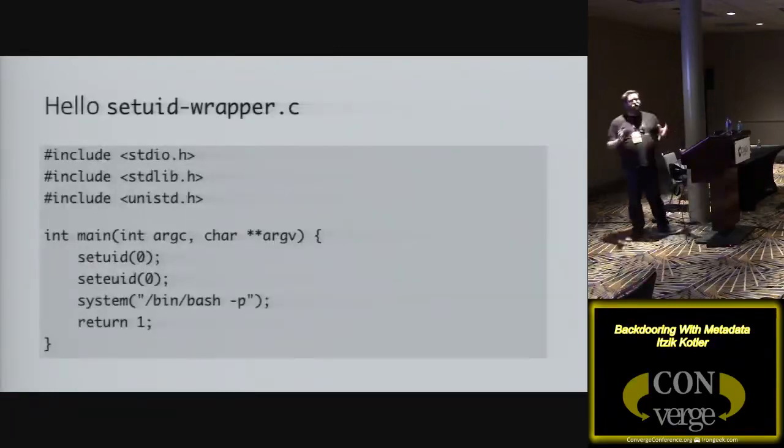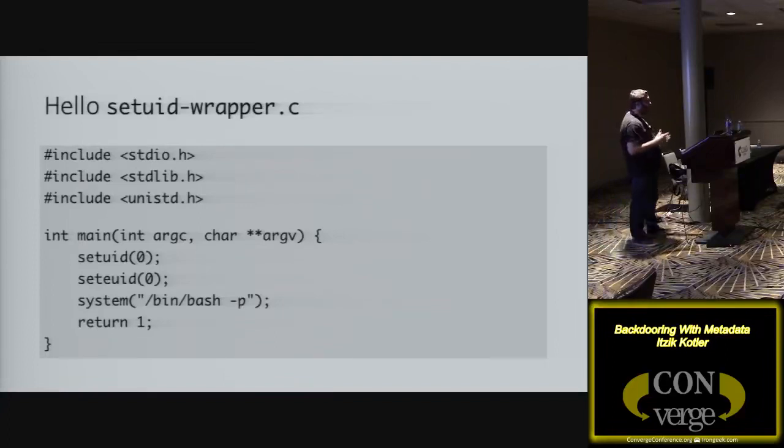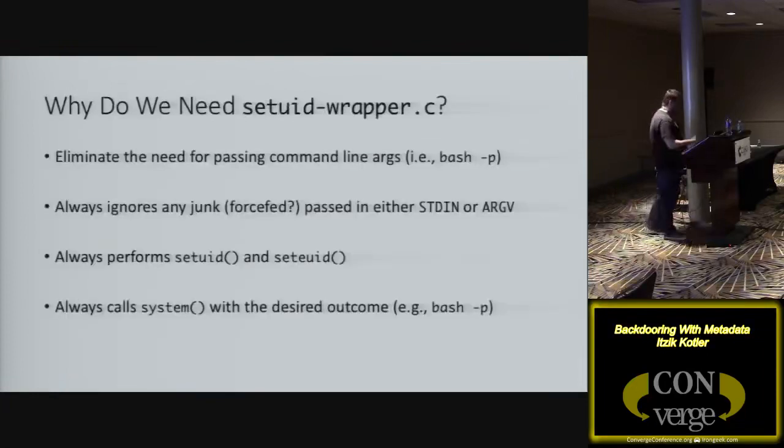To overcome that problem, and other problems we've talked about today with binaries that expect certain APIs, we can create a wrapper that will A, ignore stdin, B, ignore parameters in argv, and always funnel to the same outcome, which is the desired shell.